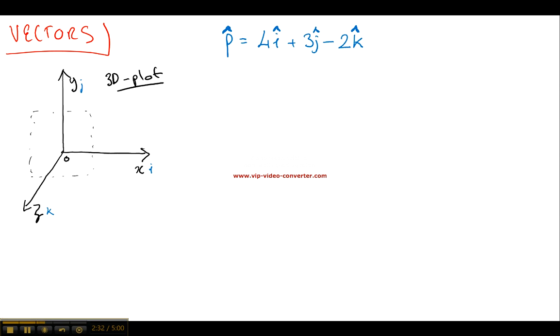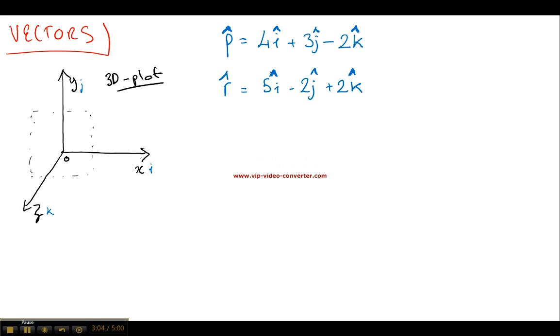And we can also have a vector r equals 5i minus 2j plus 2k. Again, we put our little hats on it just to signify that it's definitely a vector.